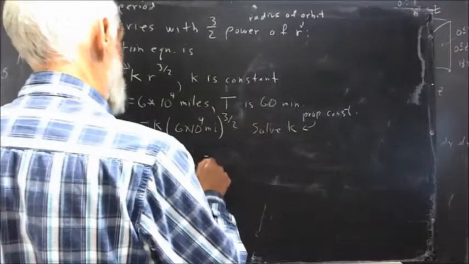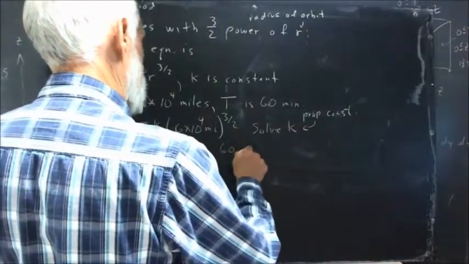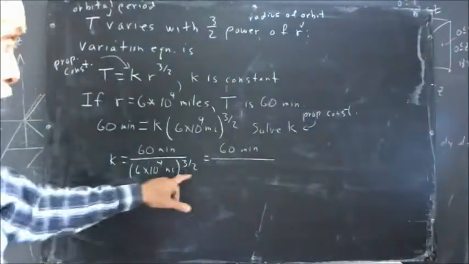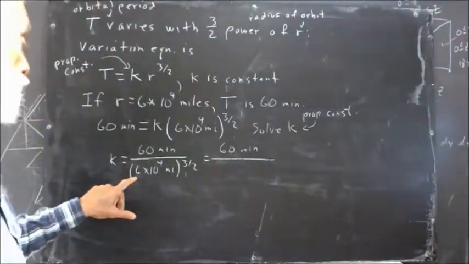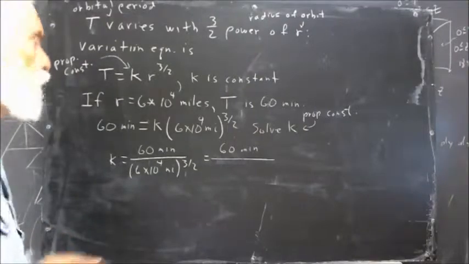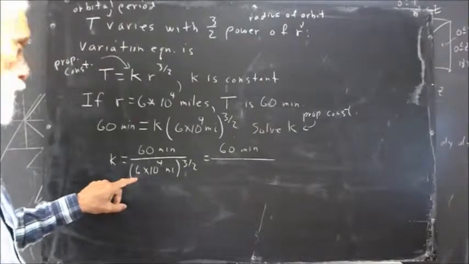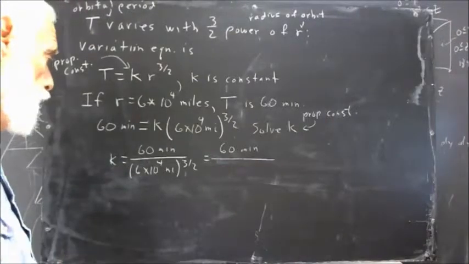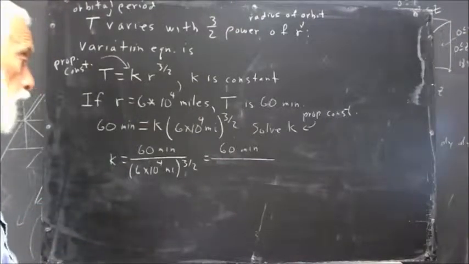You should be able to get the 10 to the 6th out of this with no problem. So that equals 60 minutes over, now I haven't completed the calculation, I've got to do the 3/2 power of 6. Well, the 1/2 power of 6 is pretty close to 2.5. That's actually closer to 2.4 than 2.5, but it's between 2.4 and 2.5.